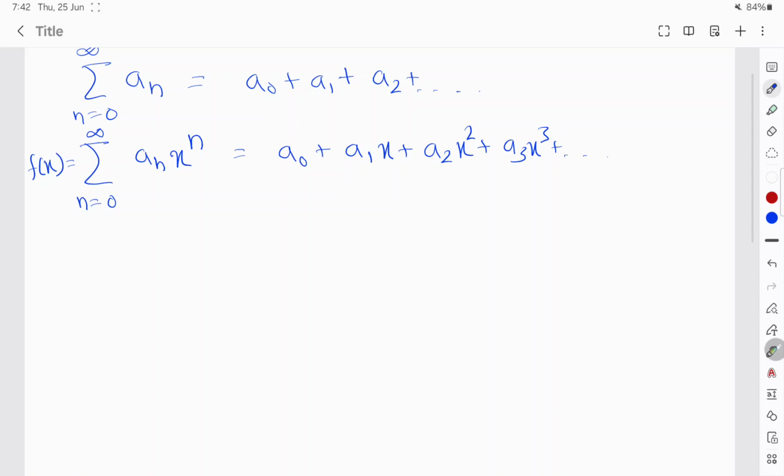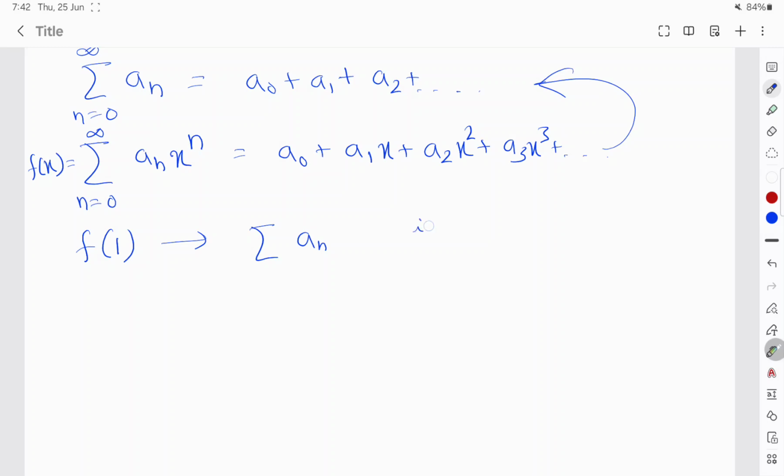In this expression, if you choose some value of x, for example, if you say what is f of 1, you see this actually becomes this one, right? Then this will be just a normal series. So we can ask, is this series convergent?